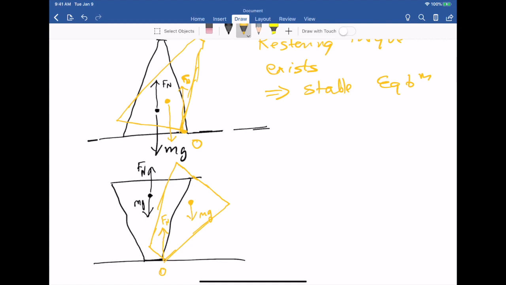So clockwise torque is actually bad for the system in terms of equilibrium. It will destroy the equilibrium, right? It will not help the system come back to equilibrium. It will do the opposite. It will just make it go the other way. So there is no restoring torque, and so this is unstable equilibrium.